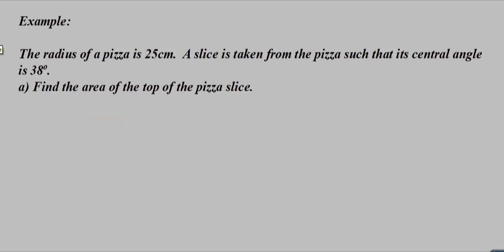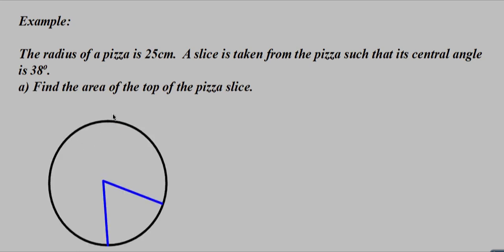So, if the radius of a pizza is 25 centimeters and a slice is taken such that its central angle is 38 degrees, find the area of the top of the pizza. This situation can be simplified into this diagram, and if the radius is 25 centimeters and this angle is 38 degrees, then we're looking for the area of the sector.